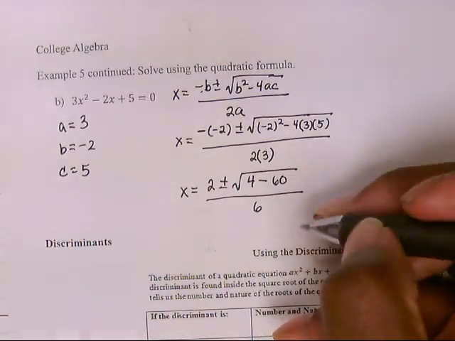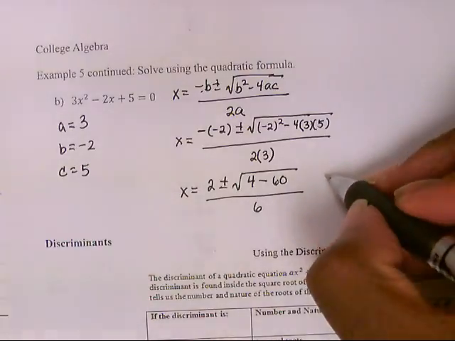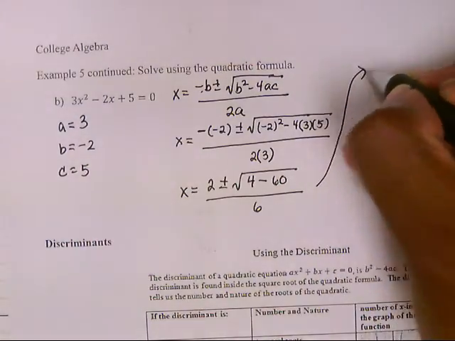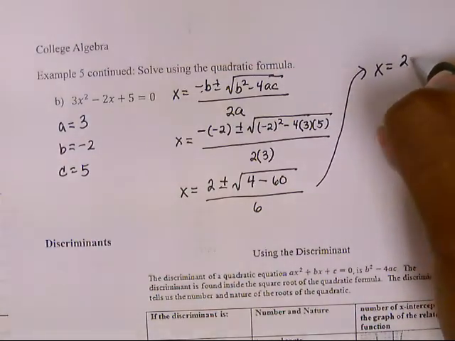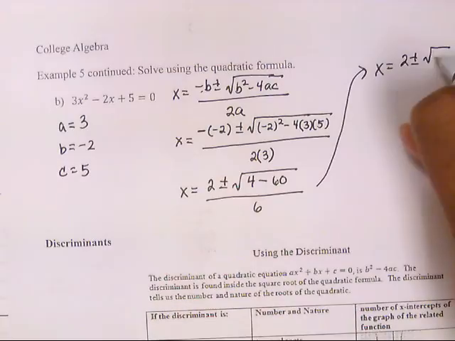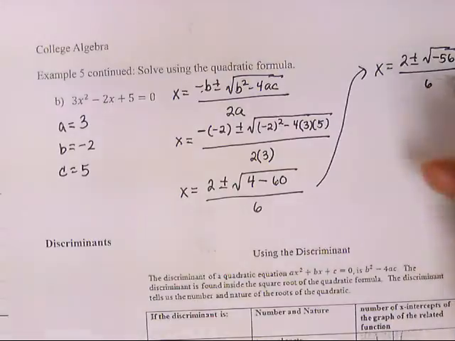Okay, and then 4 minus 60 will be -56. So we have x is equal to 2 plus or minus the square root of -56 all over 6.